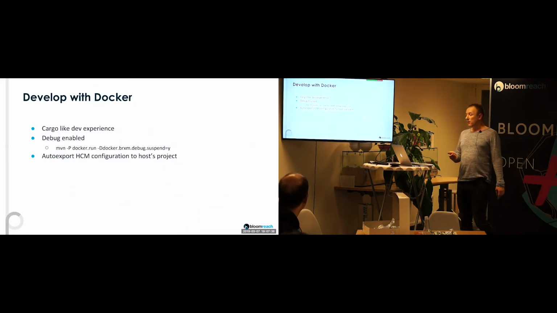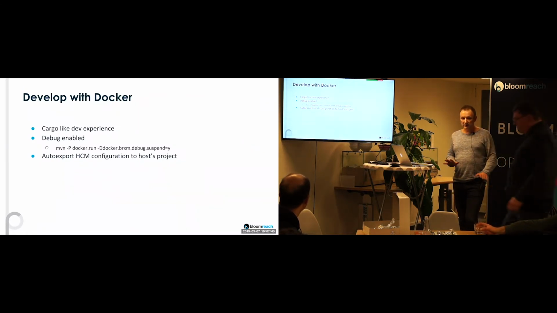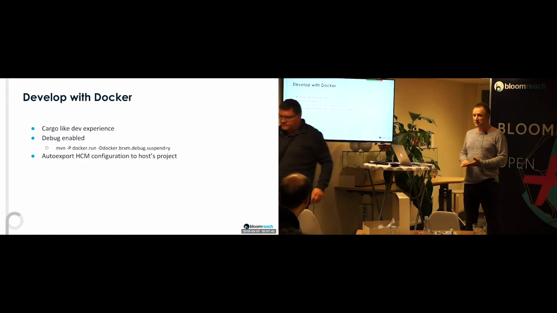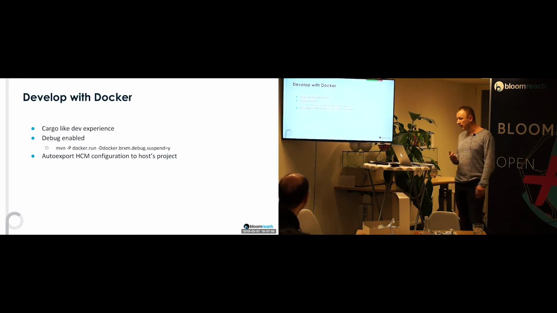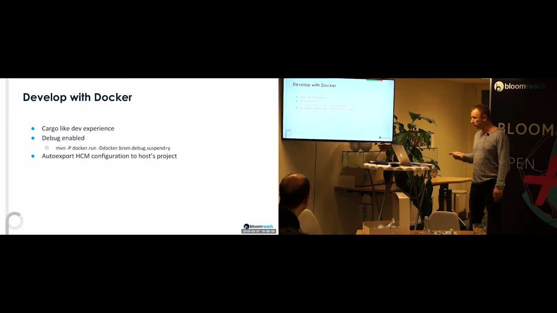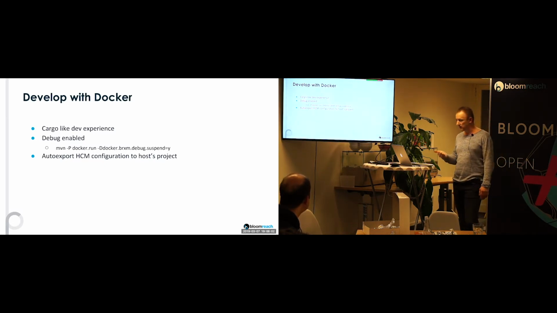Speaking of developing with Docker, we provide exactly the same dev experience as Cargo does. So you can debug your application, you can pass any JVM properties to the JVM inside of the Docker container, and you can auto-export HCM configuration to the host's directory.